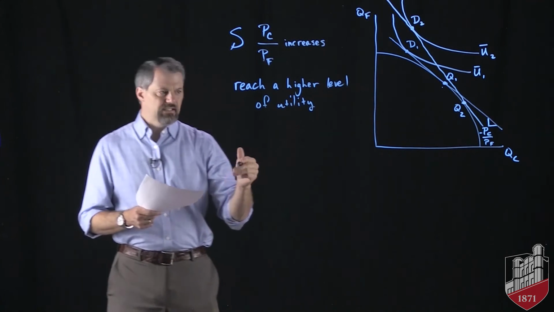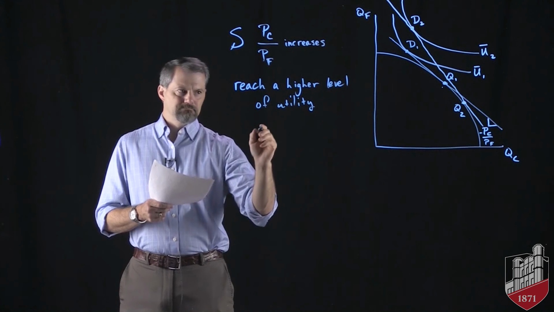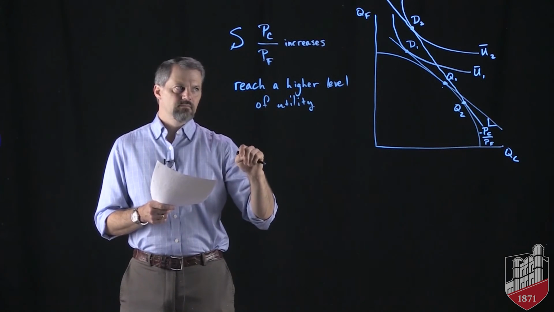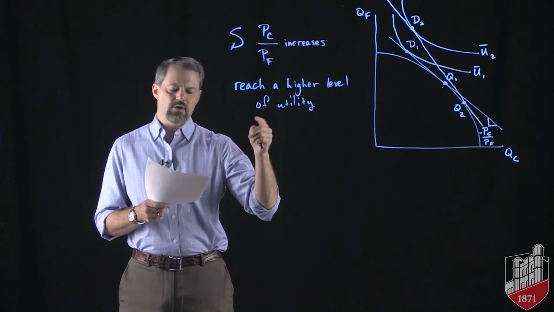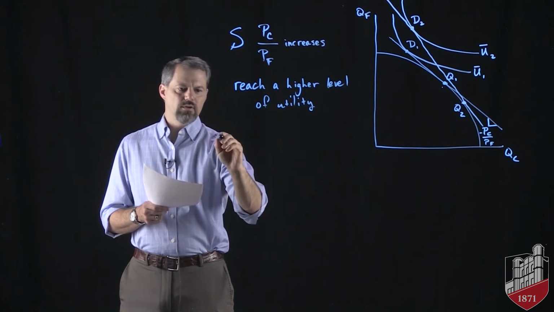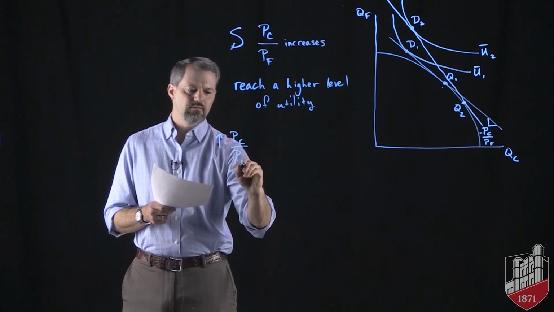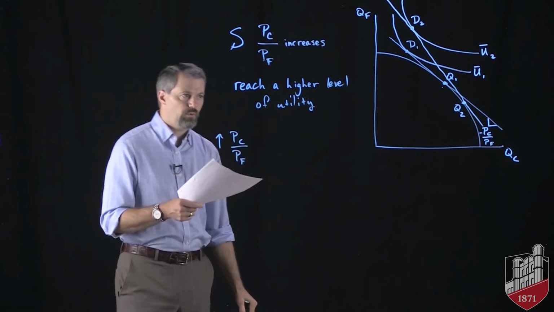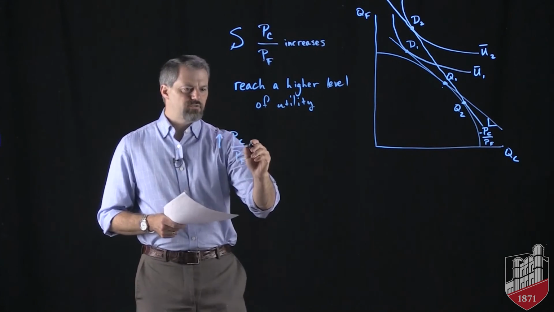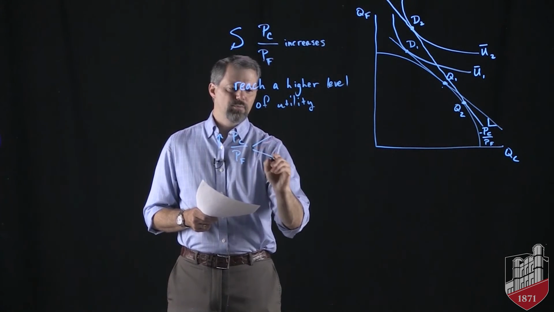Okay, so let's think about our terms of trade and how changes in the terms of trade affect well-being. So if we have an increase in the relative price of cloth, which is what we've had right here, what we've seen is there are two possibilities.